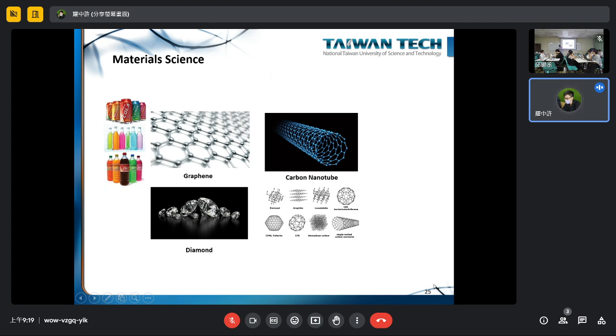If you know some basic chemistry, this is what we call sp2 orbitals. Or you can make it into a tube: if you bend it and attach one side to the other, it becomes a tube. Or you can make it sp3 orbitals, and you become diamond. So what's the main difference?